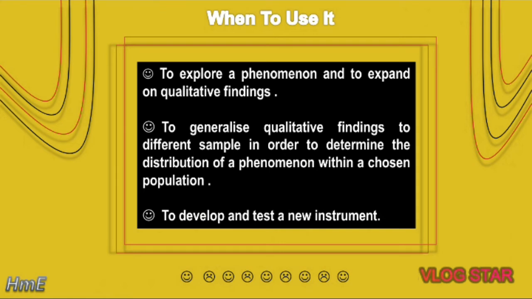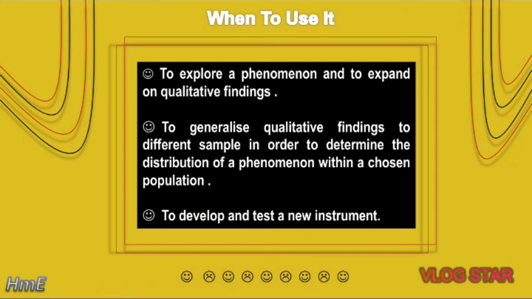In it, the researcher expands on, or gives details about, the phenomenon qualitatively. So in this type of design, the researcher has to give importance to the qualitative findings, then expand on them, and from those qualitative findings the researcher can get the directions to build the quantitative aspect.